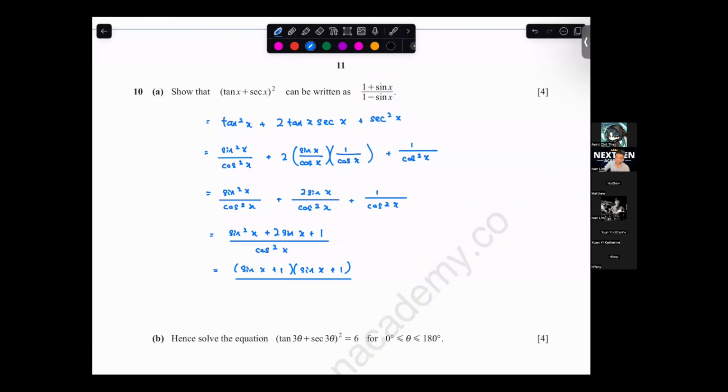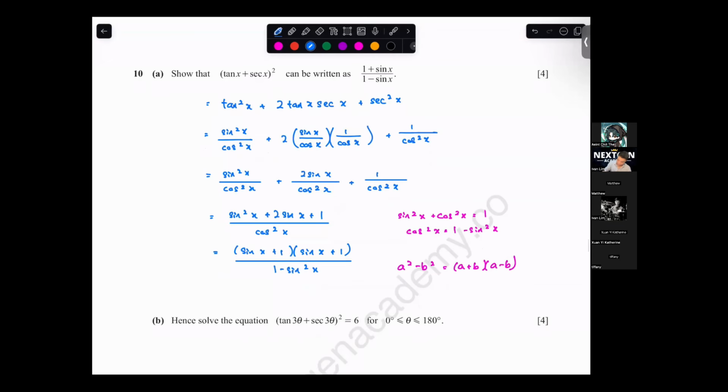Or what can cos squared x be simplified to? We know this identity: sine squared plus cos squared equals 1. Cos squared is equal to 1 minus sine squared x. Then 1 minus sine squared x, this is actually a squared minus b squared, which we can write as a plus b, a minus b.